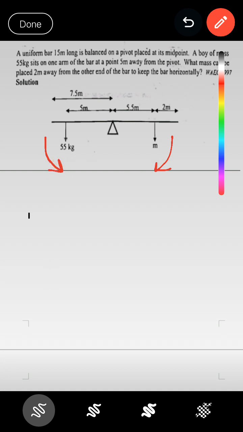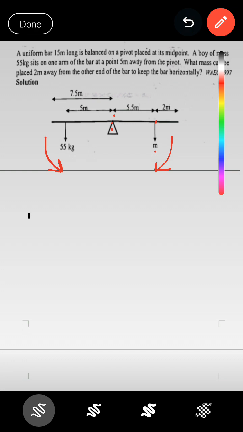So the clockwise moment is equal to the anti-clockwise moment according to the principle of moments. The moment is force times distance, that is, force times the distance of the force to the pivot. We are taking moment about the pivot. So this is the center. From here to here is the distance of that force.